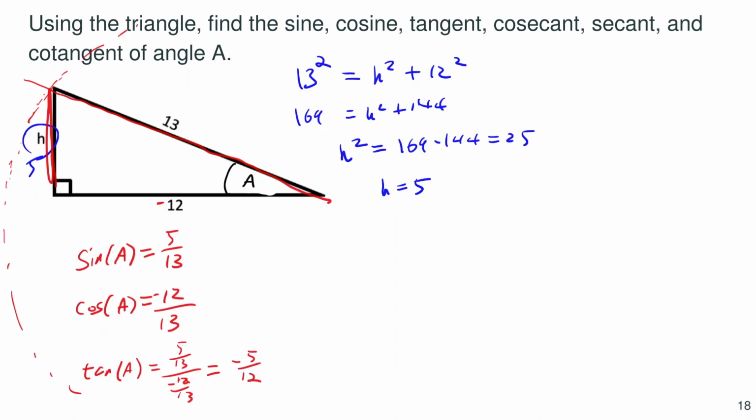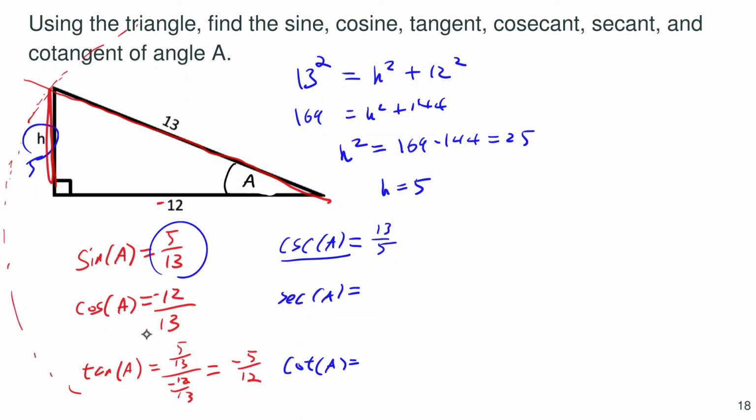So let's find cosecant, secant, cotangent. Cosecant is the reciprocal of sine, since we're doing 1 over this thing, so it's just 13 over 5. Secant is the reciprocal of cosine, which is 13 over negative 12.